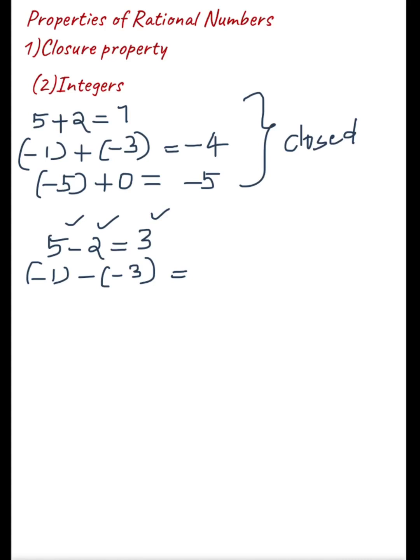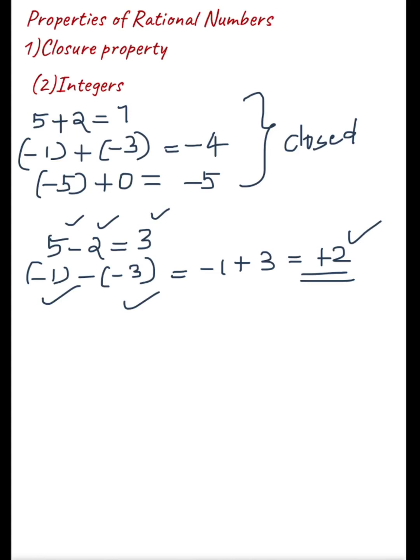Then what will be the answer? You know that the answer will be minus 1 plus 3. That means plus 2 will be the answer. So here also you are taking any two integers and subtracting them, and the answer is also an integer.